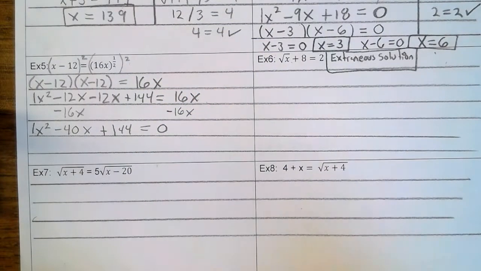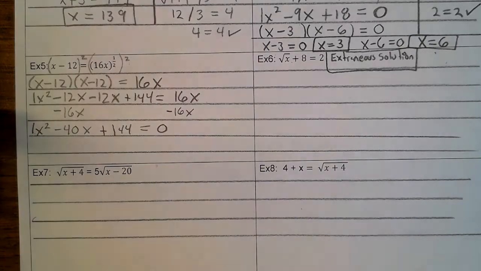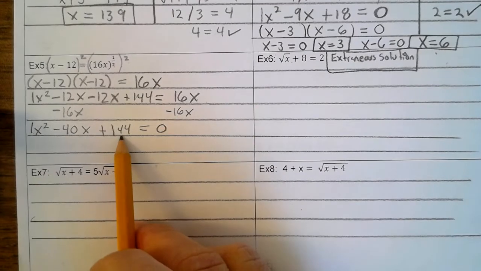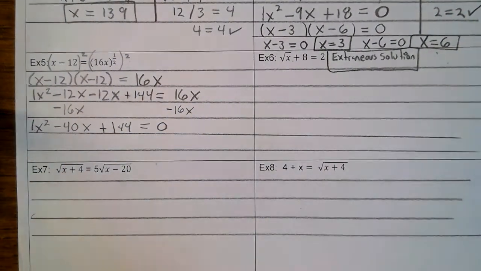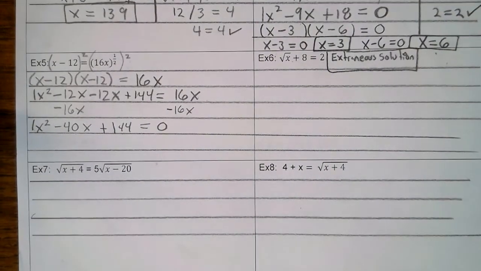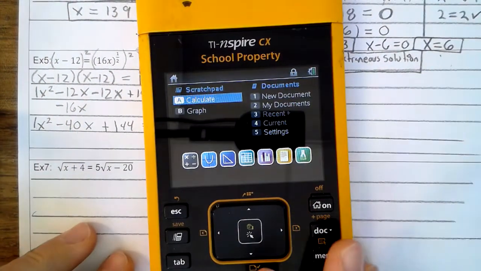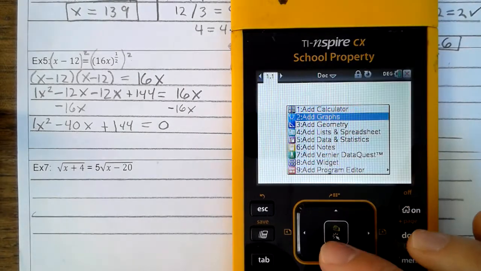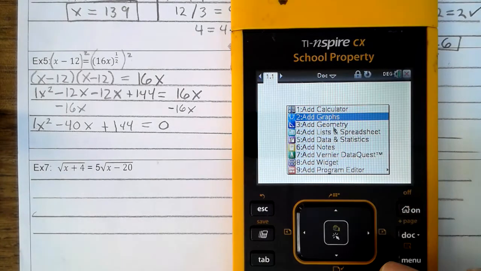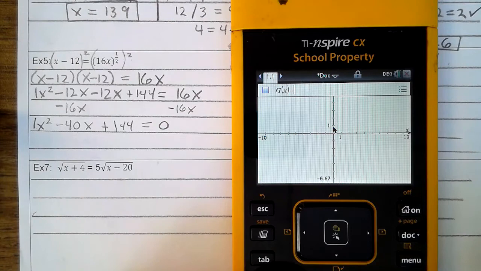All right, so we really need to think about all the numbers that make positive 144 and combine to be -40. And the fastest way to find those is use your calculator. So if you use your calculator and you go to new document, add graph, and we're going to take, and let me darken up the screen a little bit.